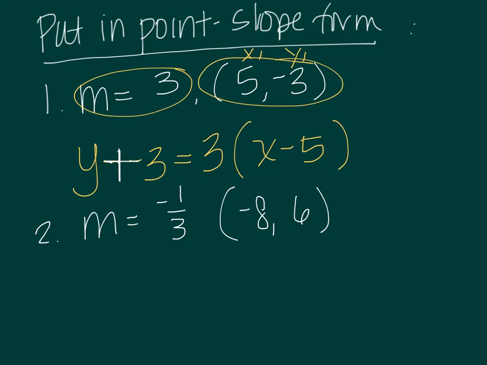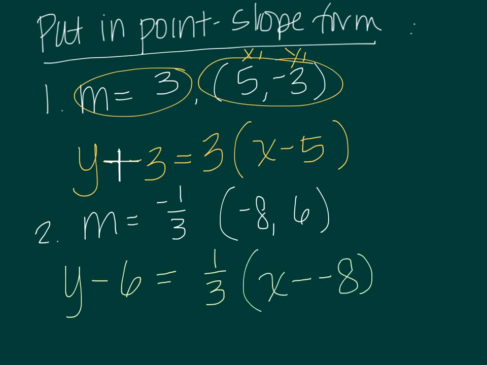So all this is going to be is y minus 6 equals negative 1/3 times the quantity of x minus negative 8. And right here, because we have those two negatives, it ends up becoming plus 8. So again, those two signs: we had 6, but now this looks like negative 6, and we had negative 8, which now looks like positive 8.